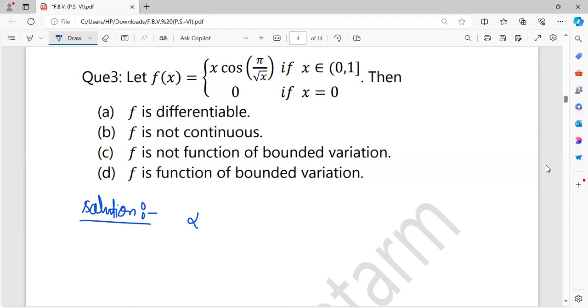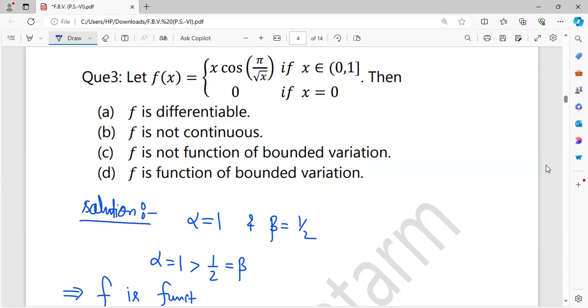Alpha is equal to 1 and beta is 1 by 2. Alpha is equal to 1, which is greater than 1 by 2, which is beta. So what does it mean? F is a function of bounded variation. So option number D is correct.